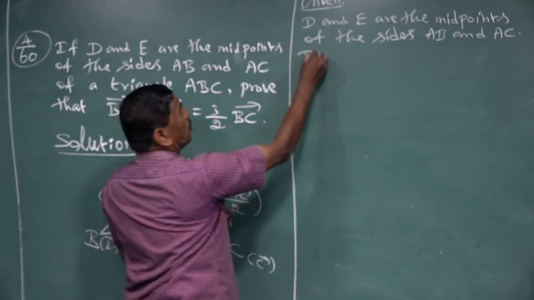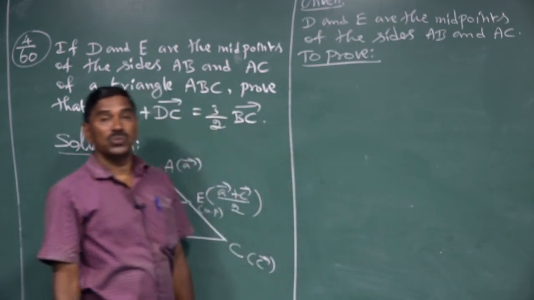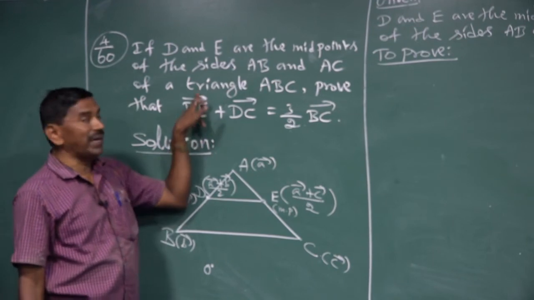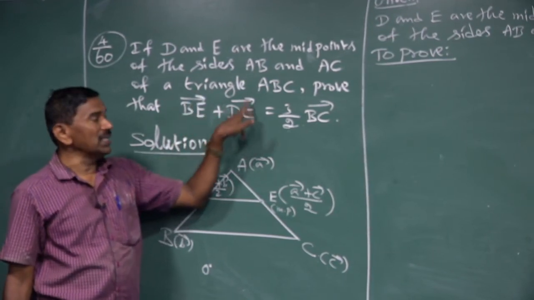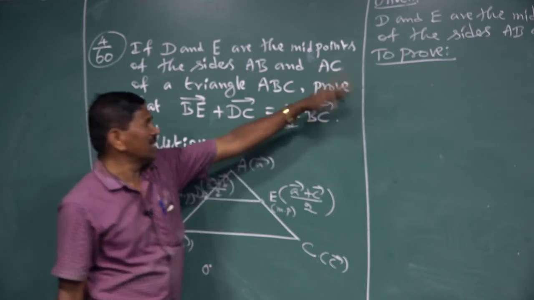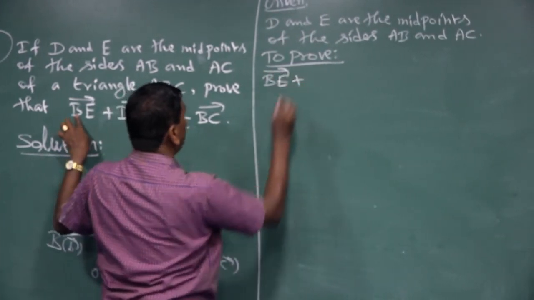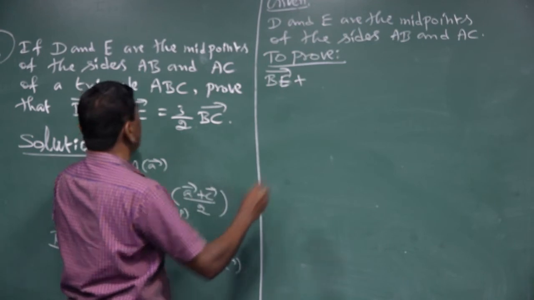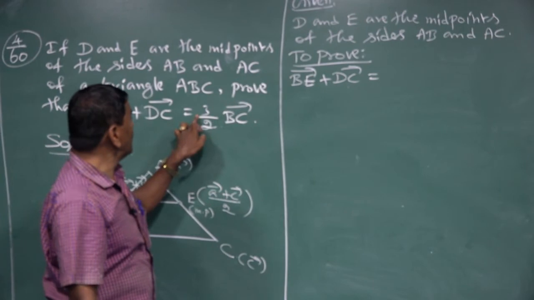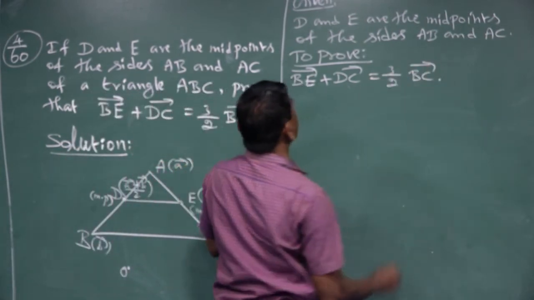Now, to prove. What are we asked to prove? From the question, we want to prove BE vector plus DC vector is equal to 3 by 2 into BC vector. Let us write, to prove: BE vector plus DC vector is equal to 3 by 2 into BC vector.